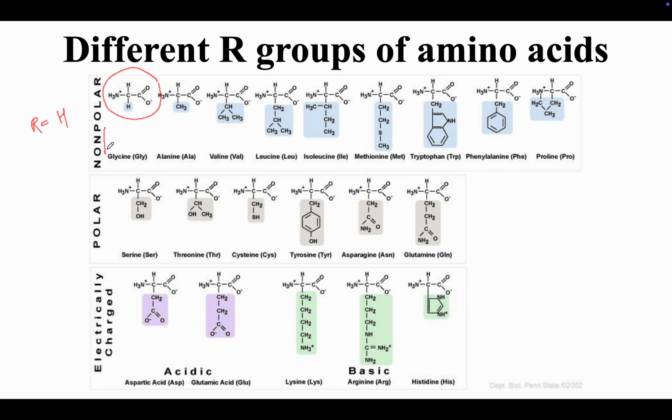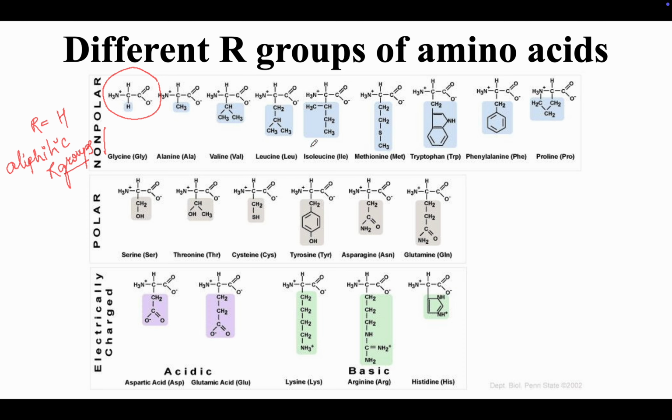So in non-polar we have aliphatic R groups attached. This is alanine with a simple methyl group. Then we have valine with CH3 groups attached. Similarly, we have different aliphatic amino acids as seen here.